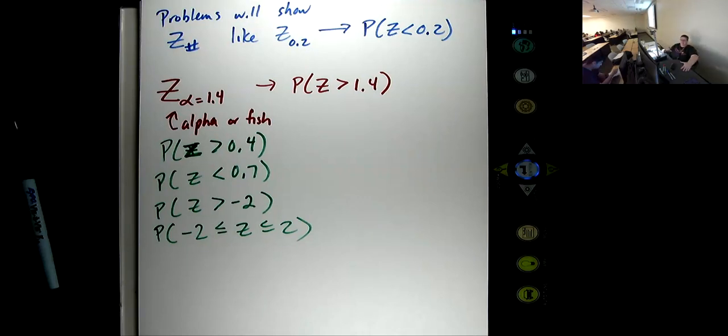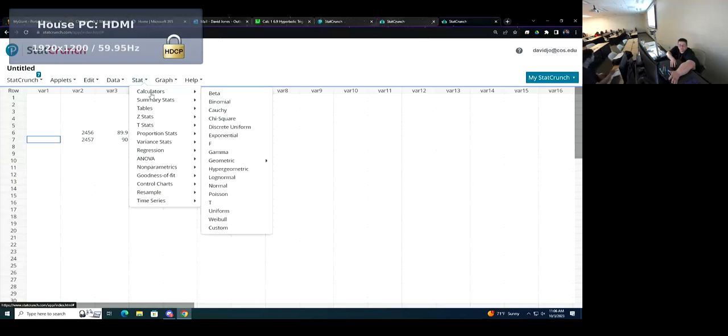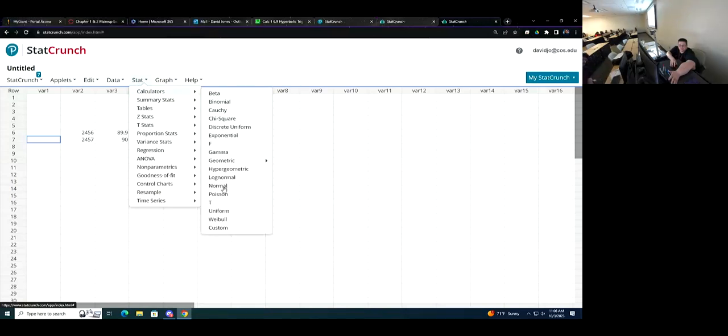All right, we're gonna go over to StatCrunch and figure out what these values are. Sure, everyone writes it down first. Stats calculator is normal.